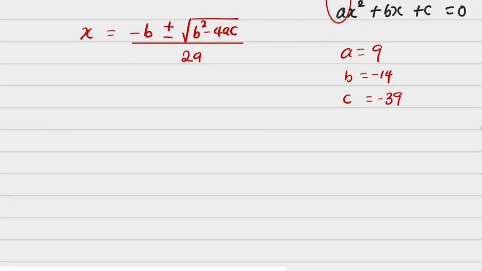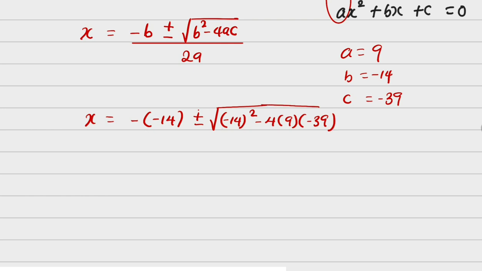Then putting it back, what you're going to have is x is equal to minus into minus 14, then plus or minus root of minus 14 all squared, then minus 4 times a, which is 9, then times c, which is minus 39.